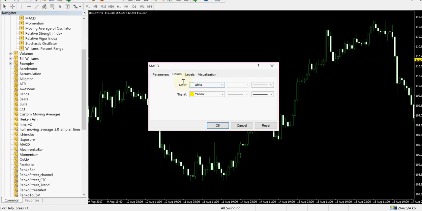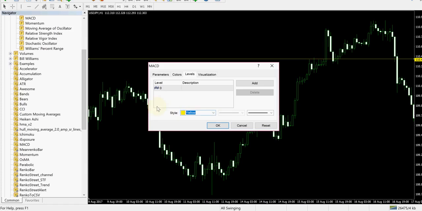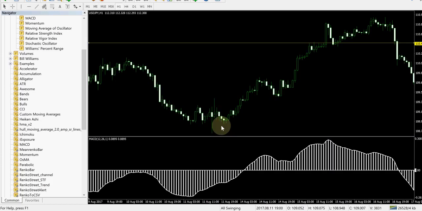Then we set level 0, white color, and we make the line a little bit bold so we can see it properly. So this is our first MACD, the big MACD with 12, 26, 1 settings.